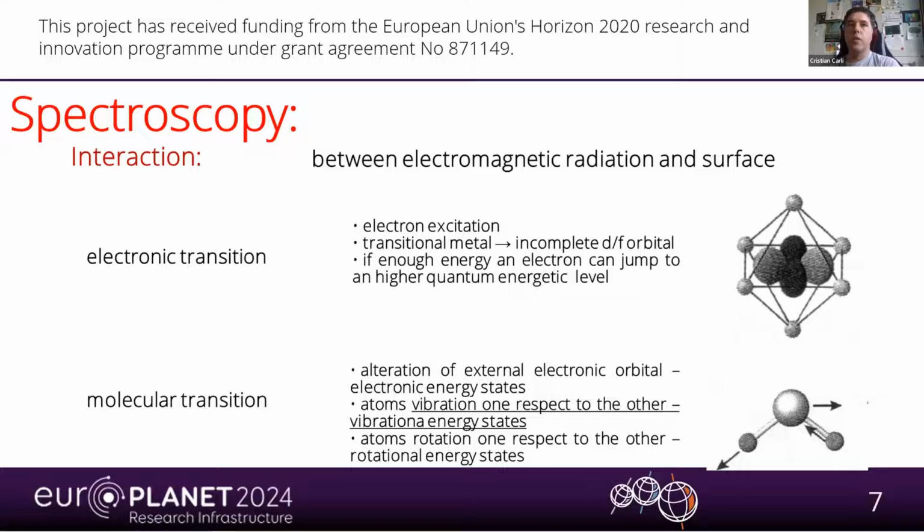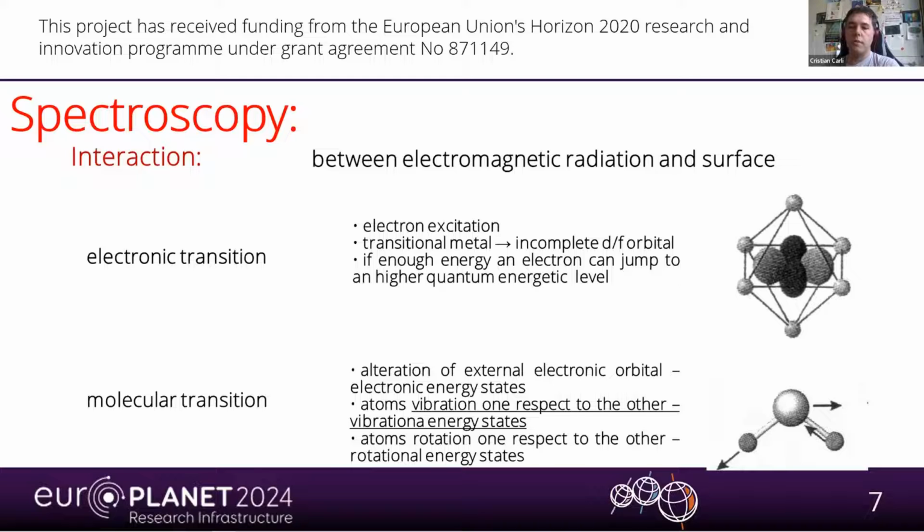So, recalling what is important: we have a radiation, and we have the interaction between this radiation and a surface characterized by some material. Generally, in the range where we can study the minerals present on the surface, there are two different kinds of transition that can be considered.